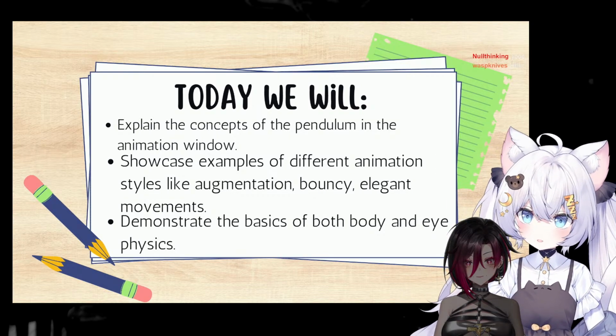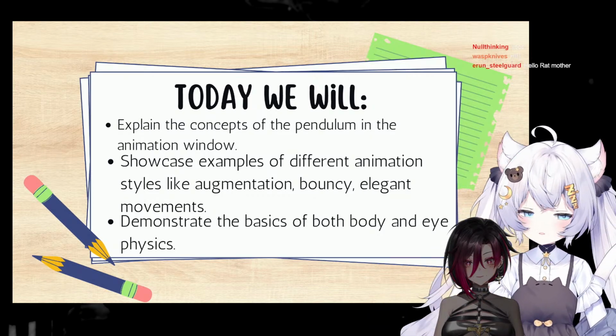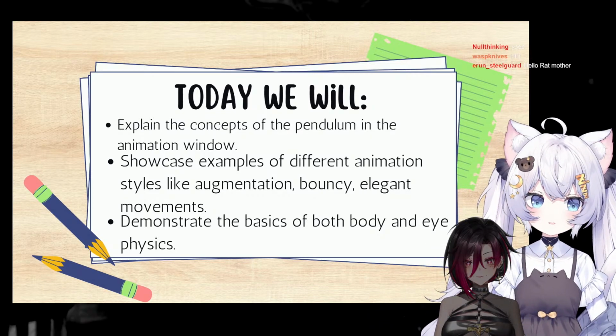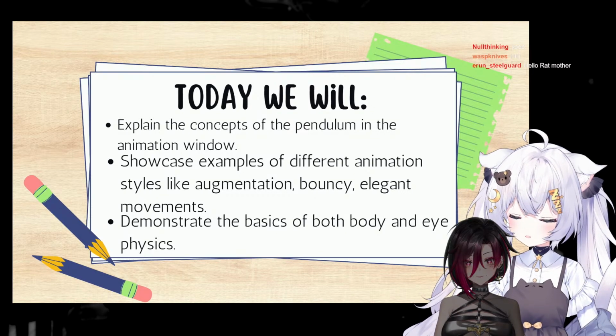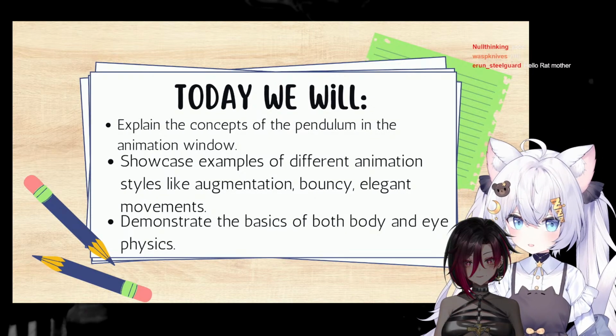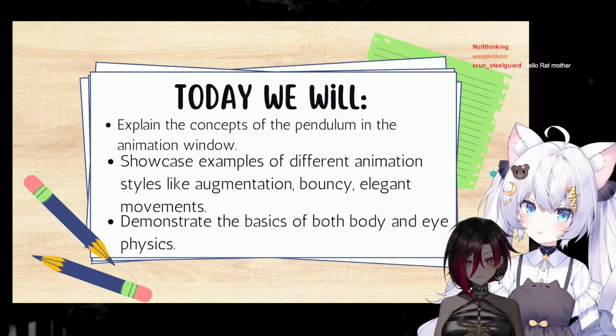Examples like that, which would be called augmentation, how to have a bouncy, super fluid model and have elegant movements. And then I'm going to be demonstrating the basics of both the body, which is the breathing parameter, like how to look like you're breathing, and have eye physics.